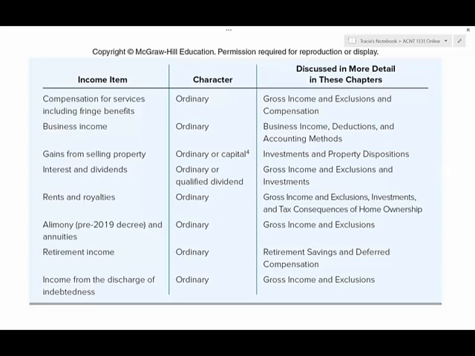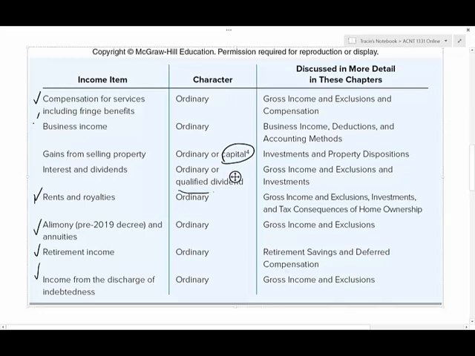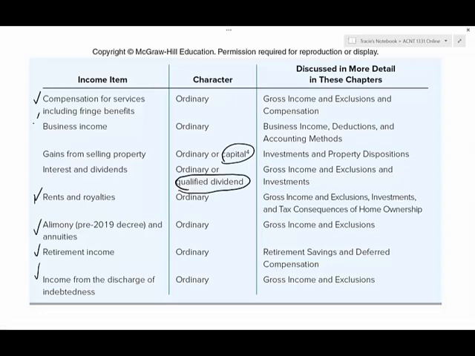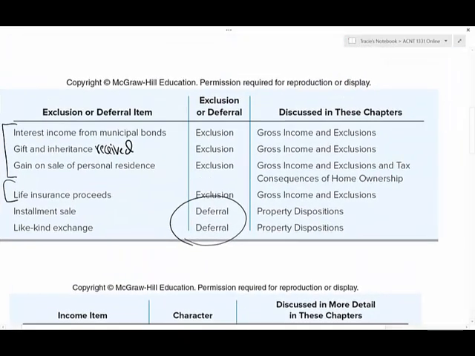So you can see that most of our income is considered to be ordinary income, but that some income is considered to be capital, taxed at those lower rates, and some income is considered to be qualified dividends, also taxed at those lower rates.